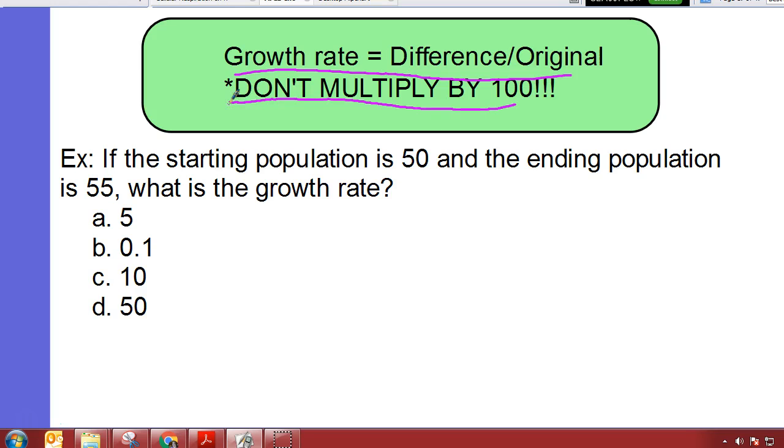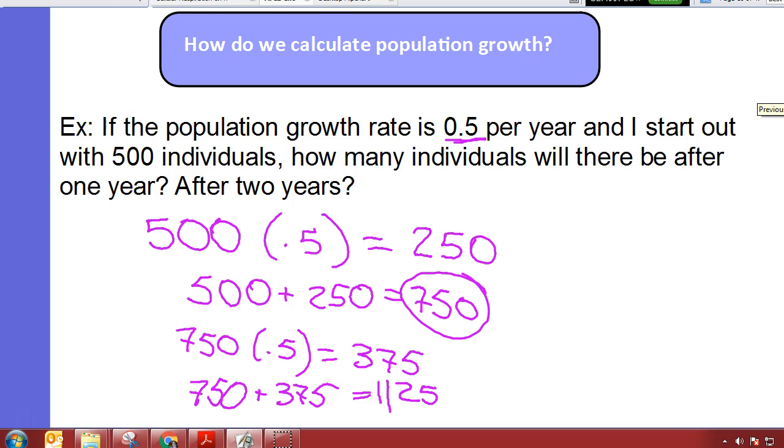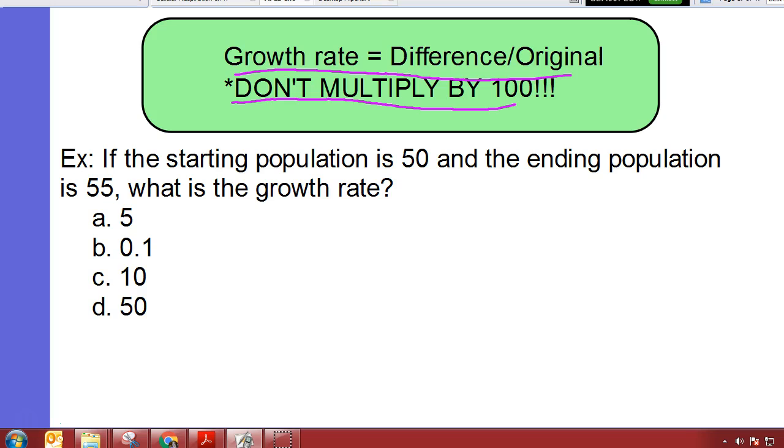So you just take the difference, divide it by the original, and you don't multiply by 100. The reason we don't multiply by 100 is because we're not saying what's the percent increase, we're saying what's the growth rate. So like in our past example, we're not saying the growth rate is 50%, we're saying it's 0.5 individuals per year.